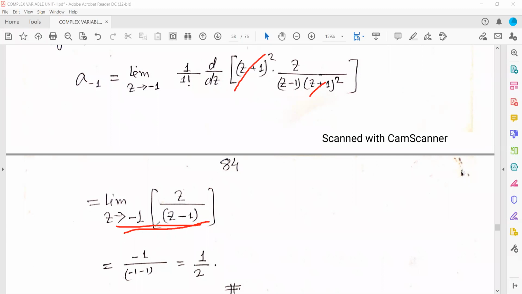Then here you first need to find the derivative of z by z minus 1 first. So u by v first.